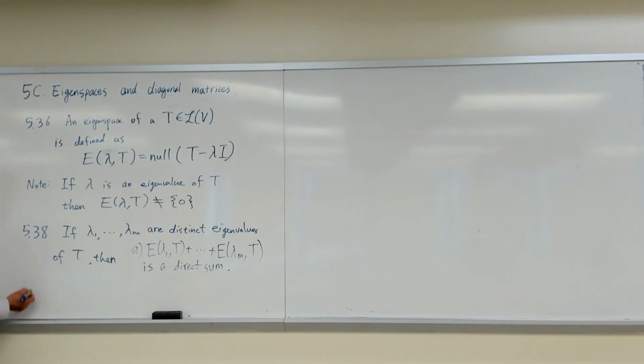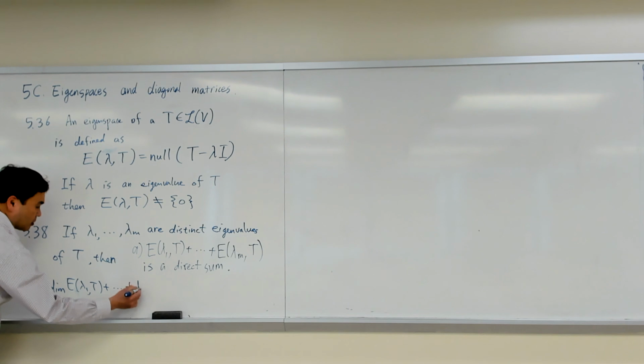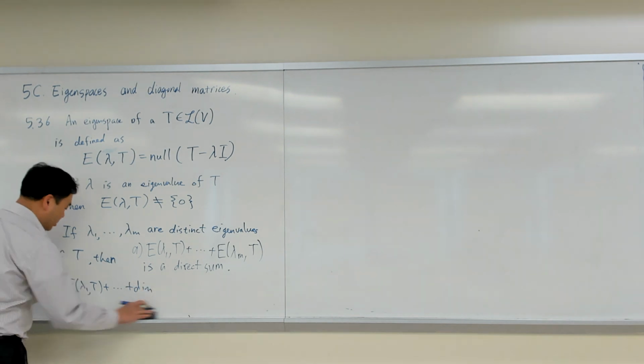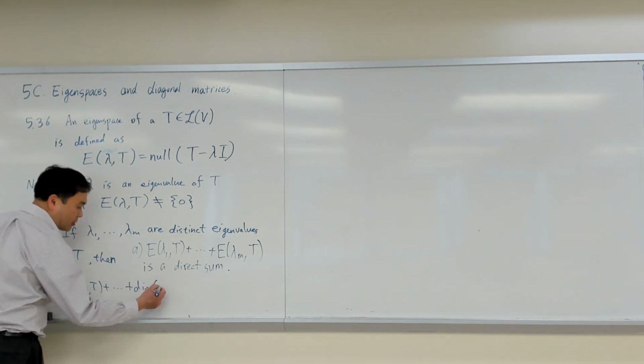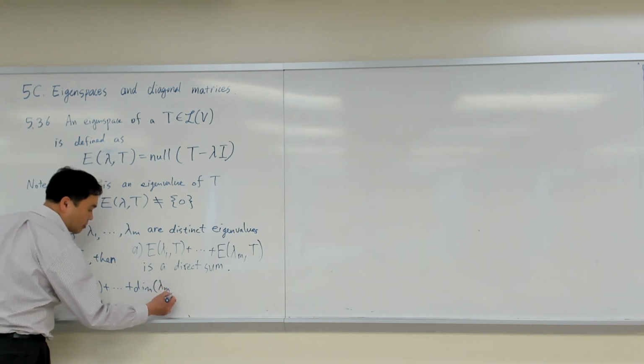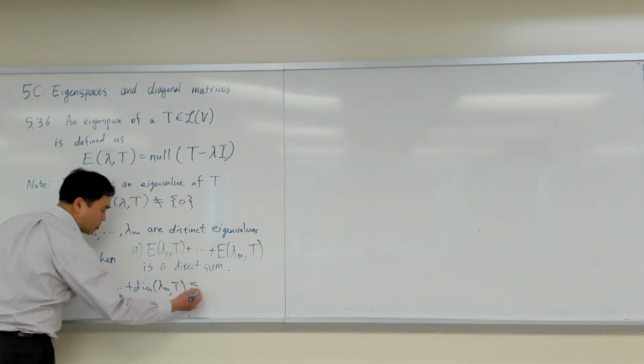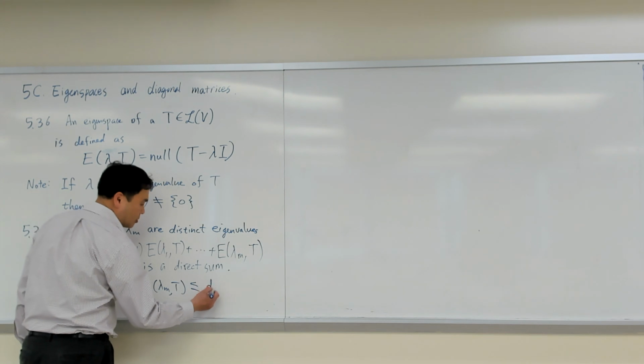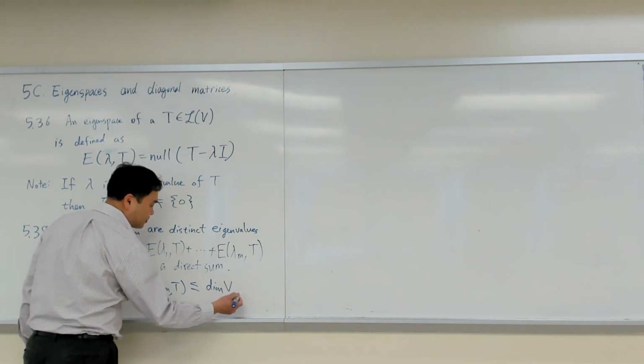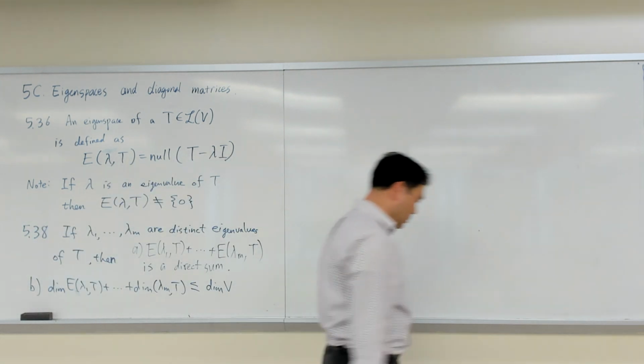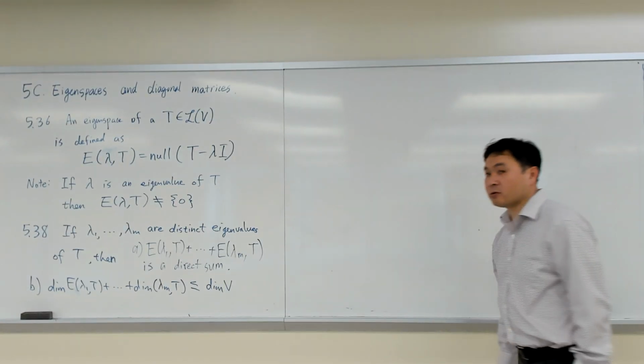And secondly, the dimension of each of these eigenspaces has to be less or equal to the entire space. Okay, let's prove this result.